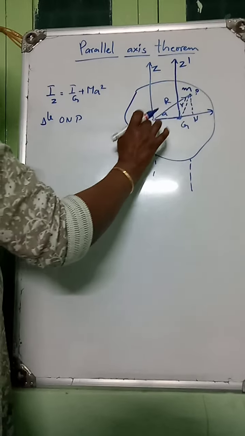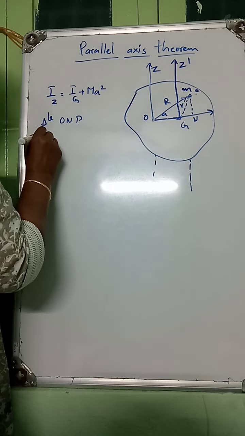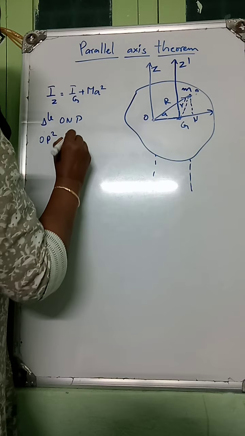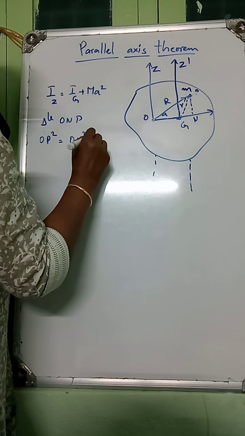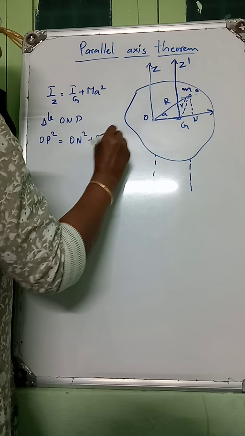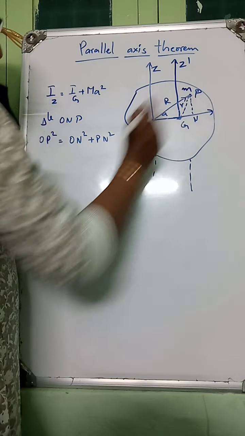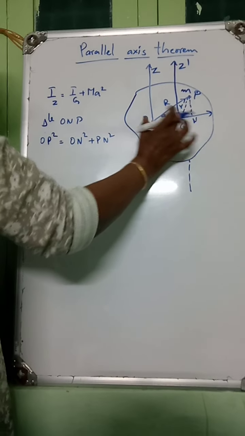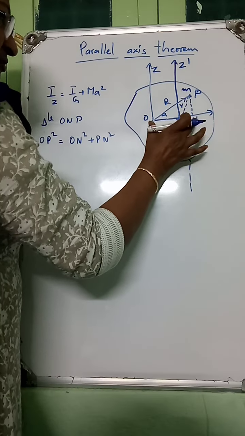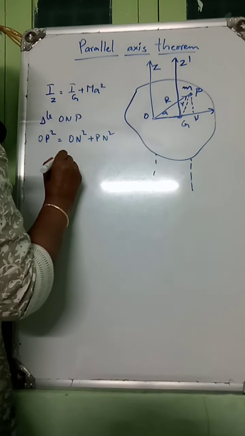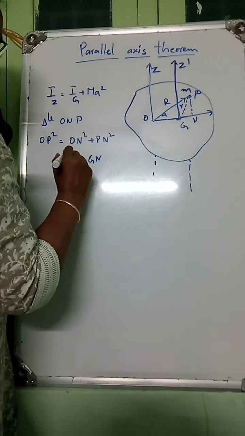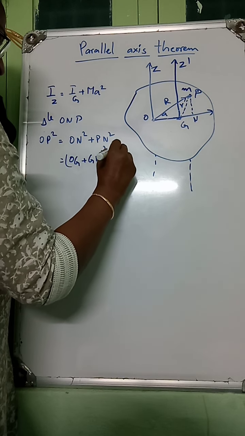Apply Pythagoras theorem, diagonal square. What is diagonal? OP. OP square is ON square plus PN square. ON can be written as OG plus GN because we don't know the value of ON. So (OG plus GN) whole square plus PN square.